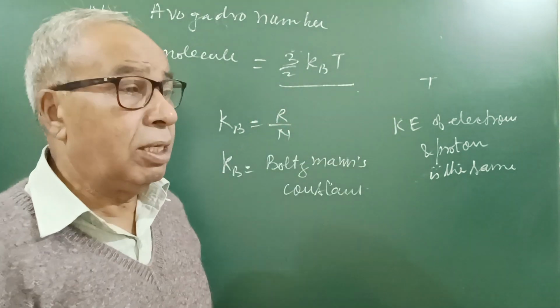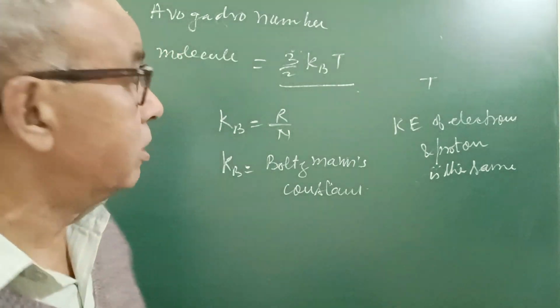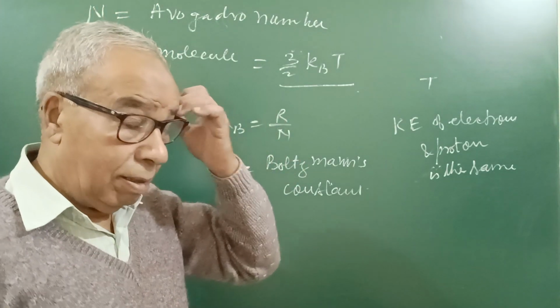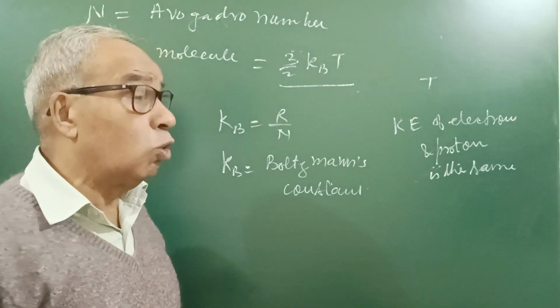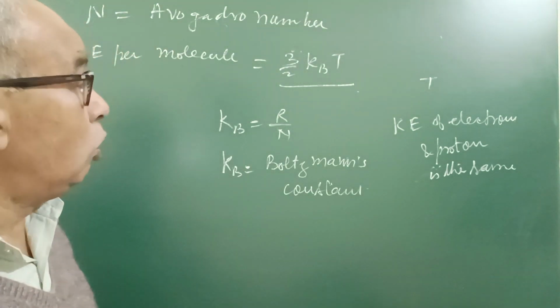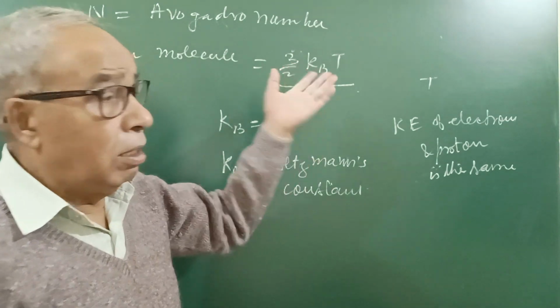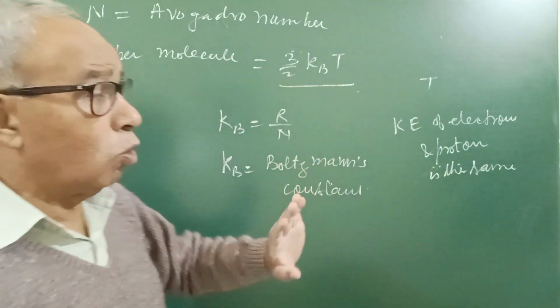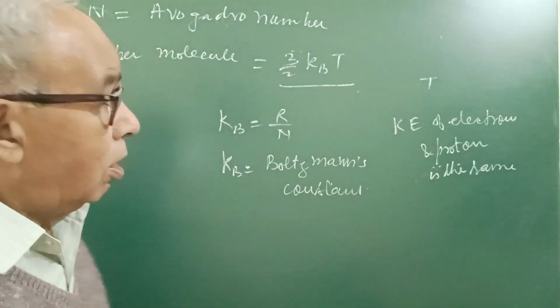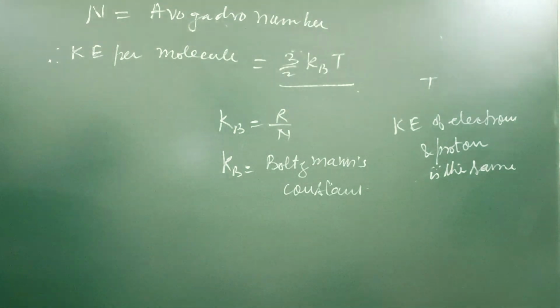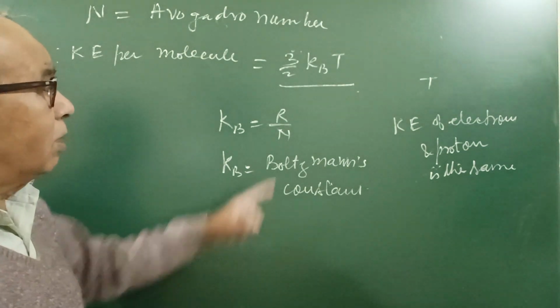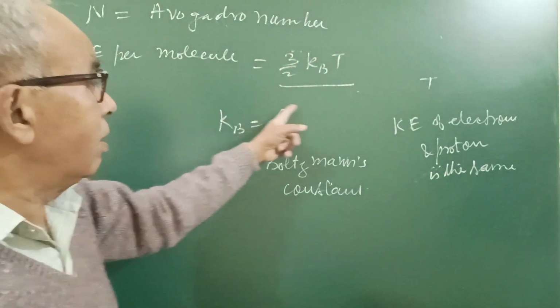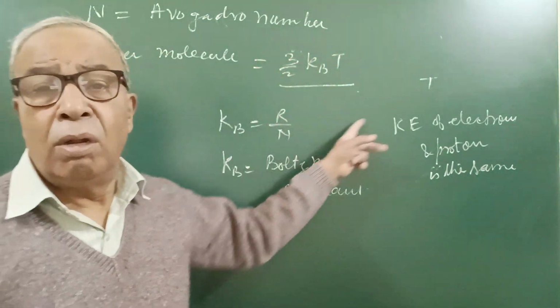If there is any system of particles at temperature T, maybe protons, electrons, neutrons, or any gas molecule, whether CO2 or nitrogen or any other polyatomic gas, the kinetic energy per molecule is the same.